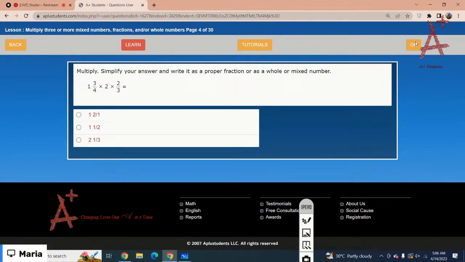Okay, the next one is 1 whole 3 over 4 times 2 times 2 over 3. So which is the correct option? The correct option is 2 whole 1 over 3. Got it?